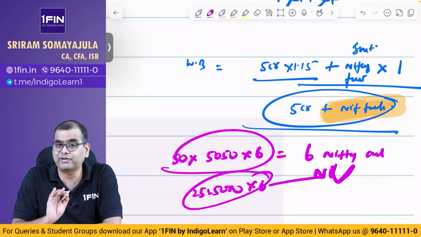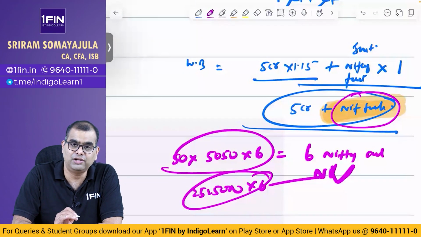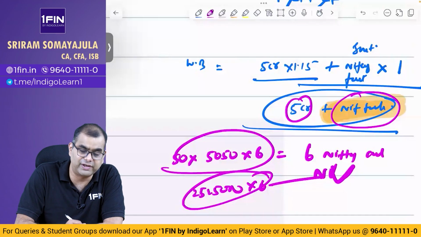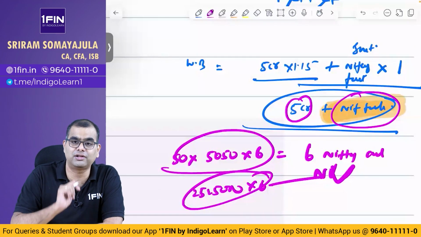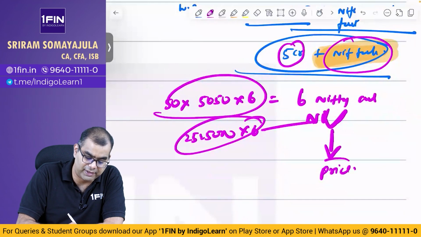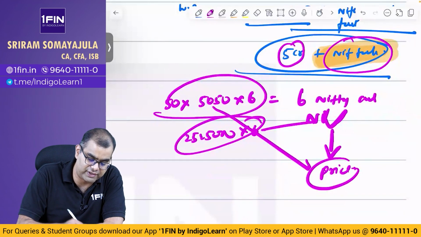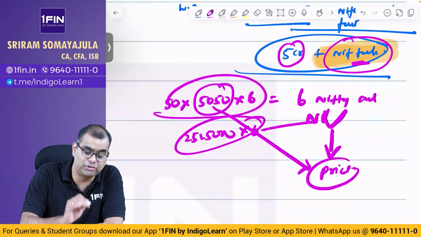I am not referring to notional value here. When I refer to the value of Nifty, when the value of the portfolio is 5 crores, what is the value of Nifty? The value of Nifty is 0 on the day when you enter the contract, because this notional value reflects the price, the price of the futures contract, 5050. Here we don't put price, we put value.